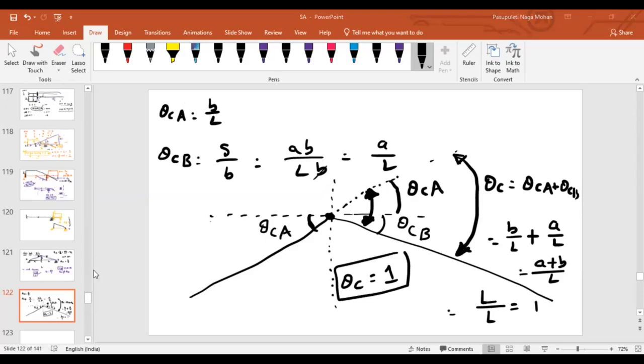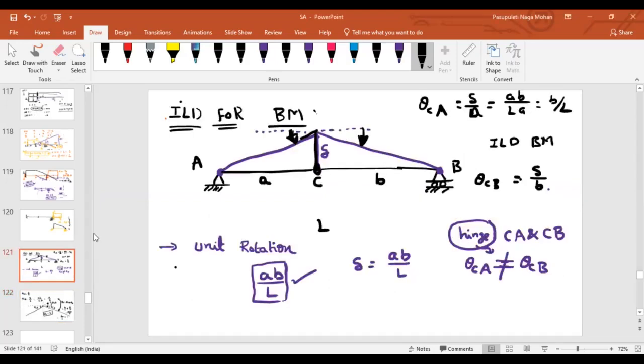Instead of doing all these calculations, what you have to do? Just place a hinge at that point and move that point in an upward direction with an amount AB by L. If you do that, that means indirectly you are saying that my rotation at point C is equal to 1. Understood? Why?